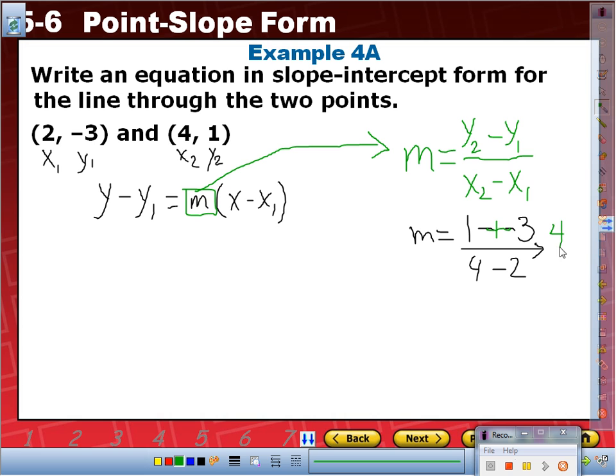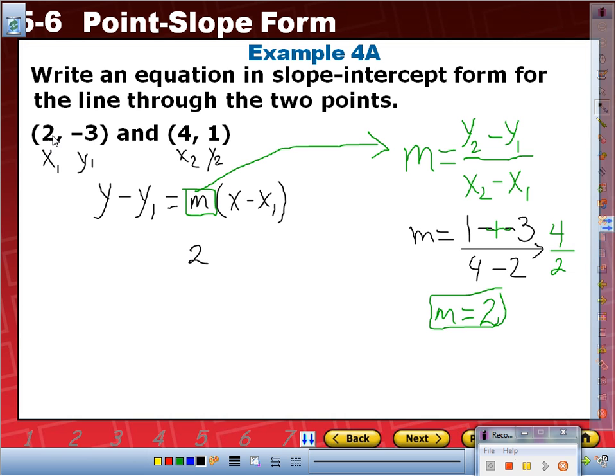This becomes 4 over 2. So what is 4 over 2? 2. So now we have a slope, don't we? And do we have x1, y1? Yes. So now we can substitute stuff in here and get our equation. That was just to find the slope. This is 2 for the slope.